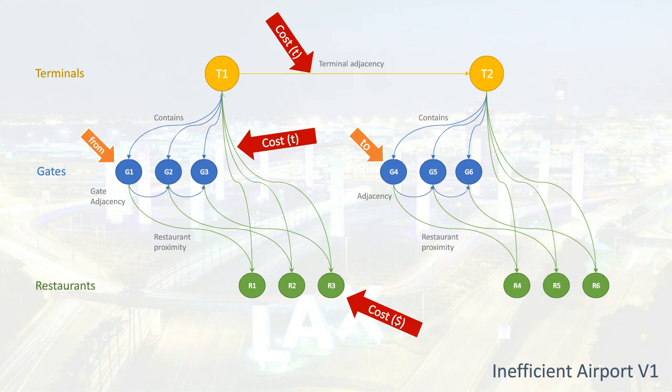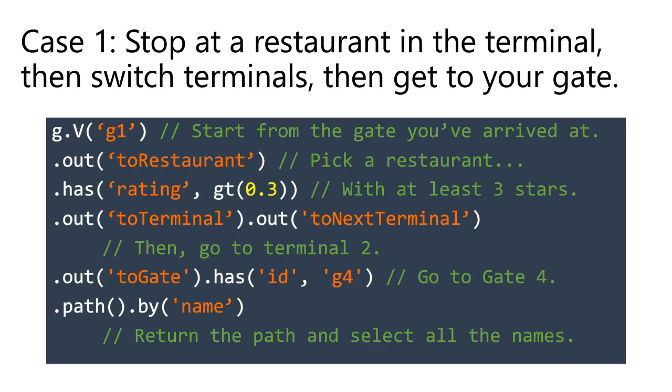So here's an explanation again of all the queries that were run against it. So start at G1, start from the gate that you arrived at, then pick a restaurant that has a rating of at least 0.3, or 3 stars, and then go out to switch terminals, then go to your gate and return the path by all the names.